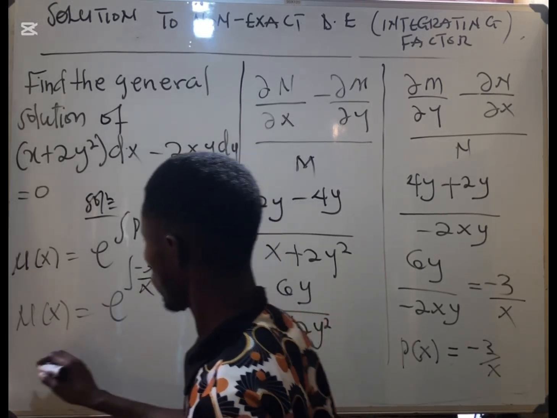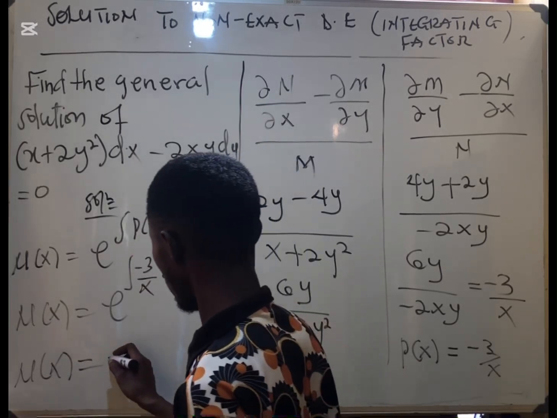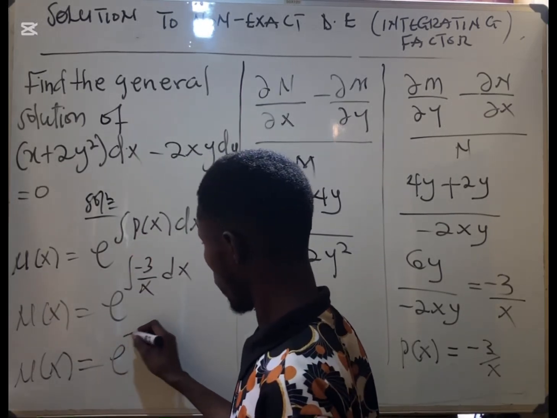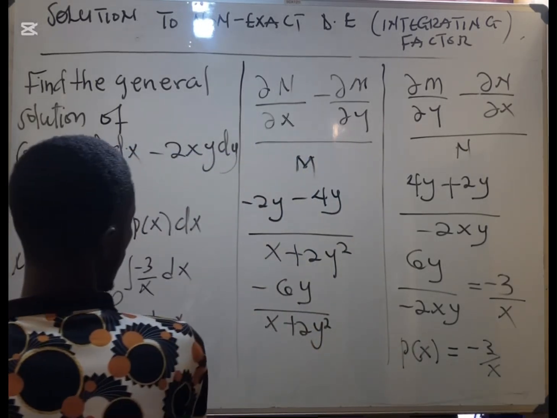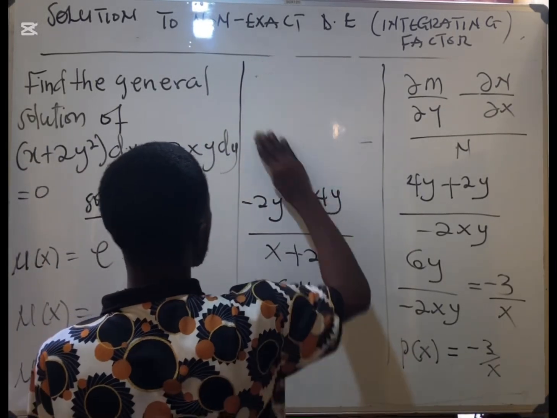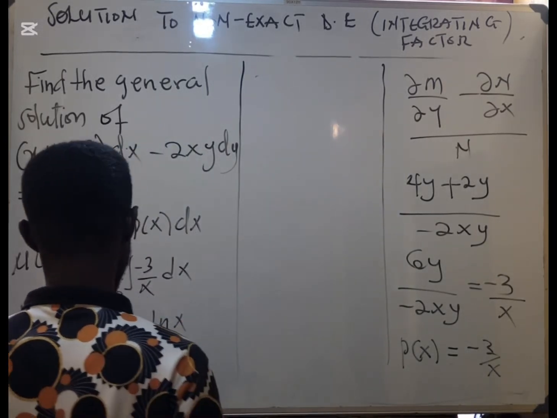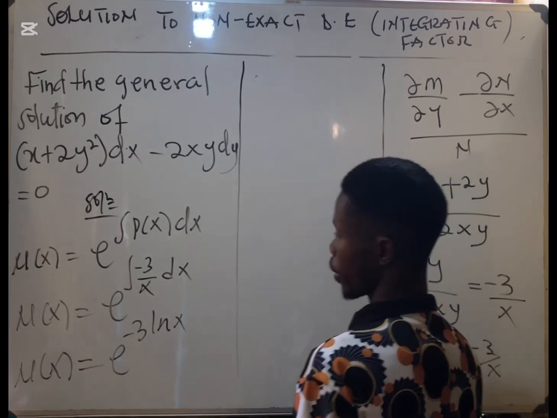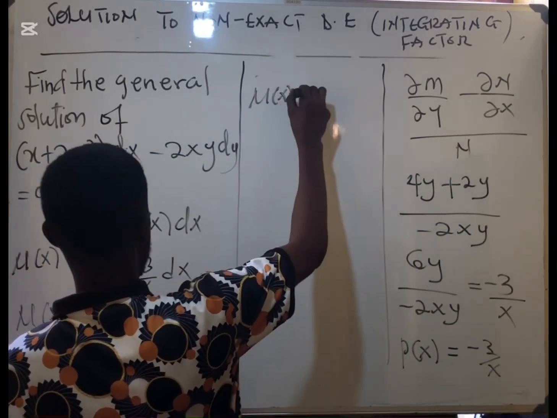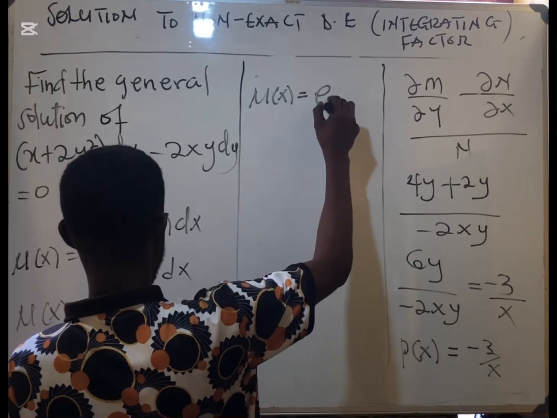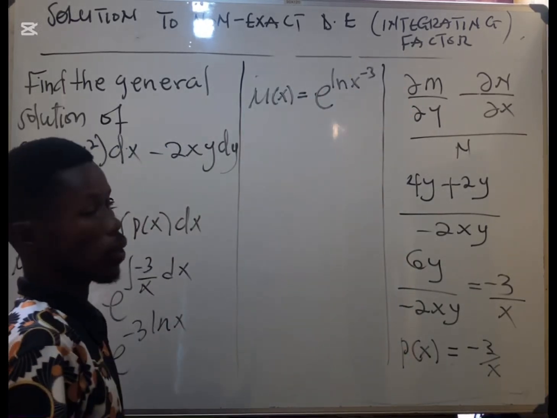So mu is e to the negative 3 ln x. So the negative 3 will come here, and that's going to give us mu in terms of x equals e to the power ln x to the power negative 3.